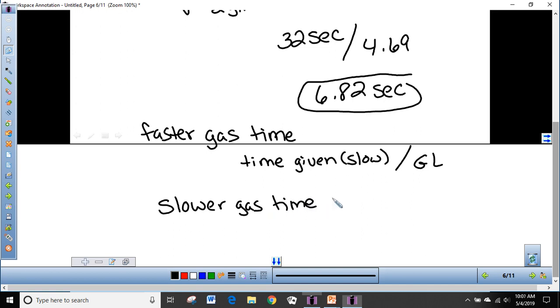And it should make sense that it's opposite. So you're going to take the time that's given. We're not going to get into the physics formulas where you find time of the faster gas, and you're going to actually multiply by Graham's law, because slower time we want a bigger answer, we multiply. So if you think through it logically, it should make sense to you.